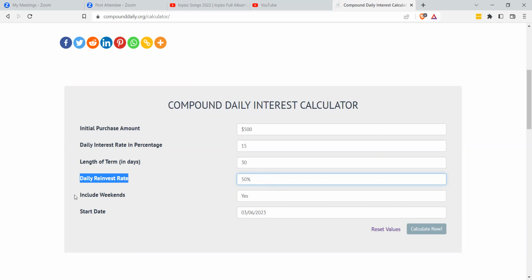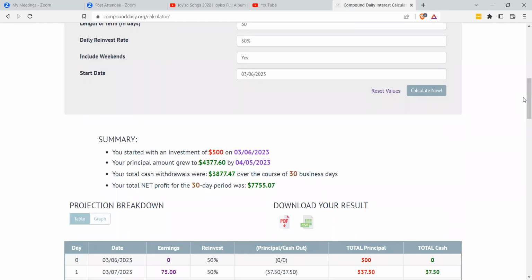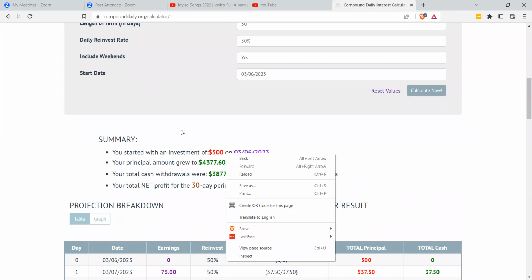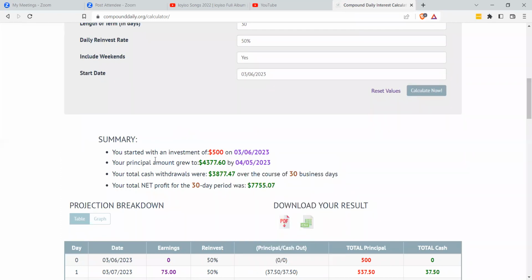Now include weekends, that doesn't matter. Once you are done with this, you click on calculate. So what is the result that you get when it comes to compounding, and you are putting risk into perspective? Check it out. You started trading with $500, and your money would have grown to $4,307 after 30 trades.